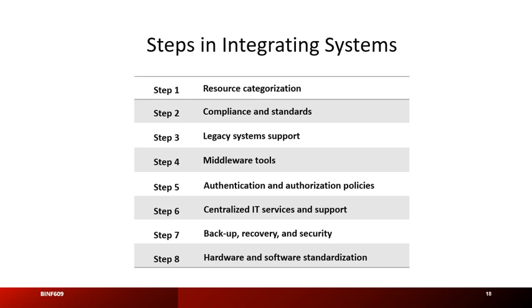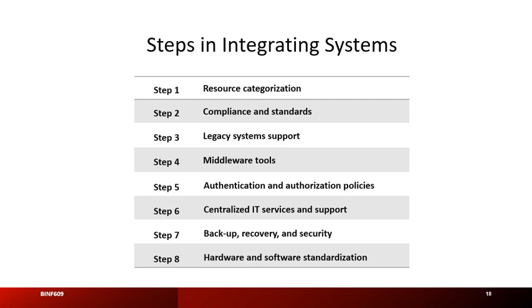In the third step of legacy system support, develop a policy in support of older legacy applications. And in step 4, middleware tools are essential for integration in the short term if existing applications must be used by the organizations. In the fifth step of authentication and authorization policies, develop a single sign-on policy for applications and data access, because all employees and external partners will need access to an integrated system from anywhere at any time.